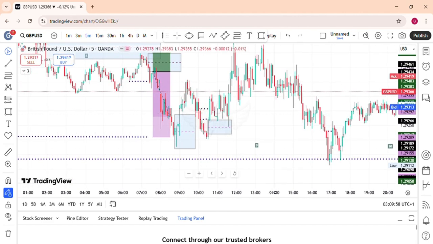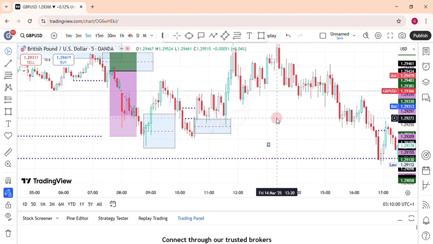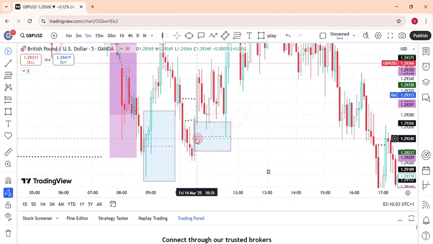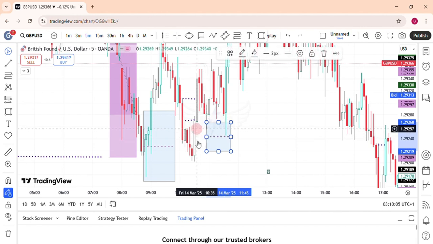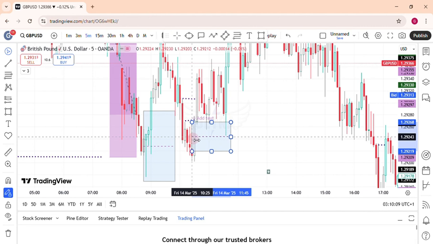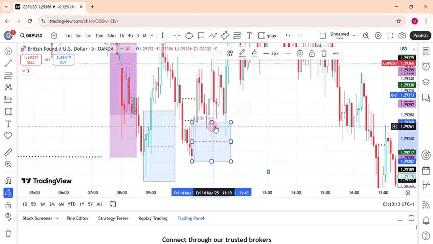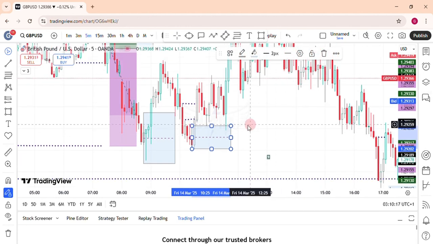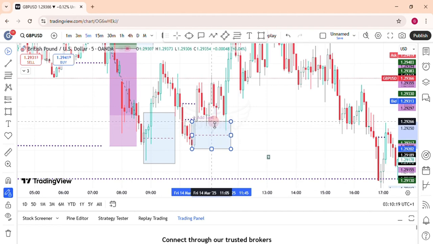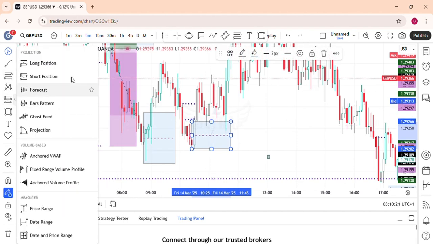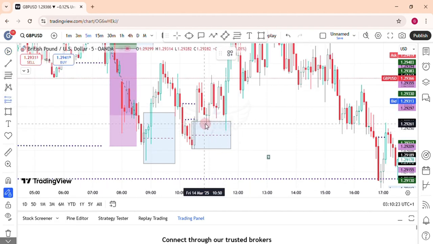Alright, so this is our 5 minutes fair value gap on our number 9 trade. Now we have our fair value gap defined, and we take our entry and our stop loss here. Alright, so this is our long position entry here.